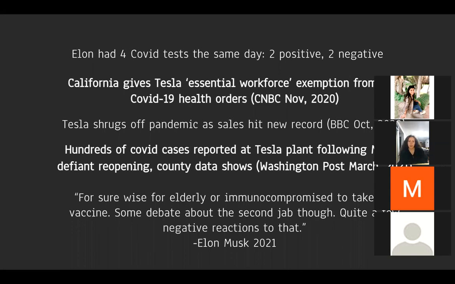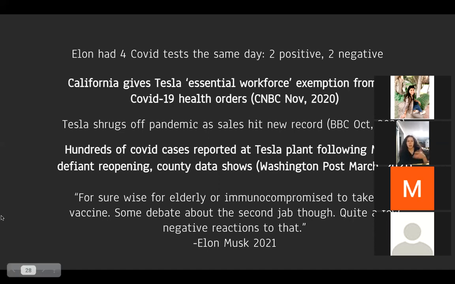So when the lockdown was on and everybody was at home, like at the beginning, Tesla followed the rules, but then he even called, I think, the mayor of California a fascist. So California gave them the essential workforce, and they were allowed to work in Tesla, and Tesla reopened the factory.